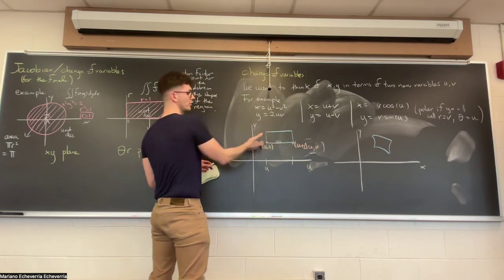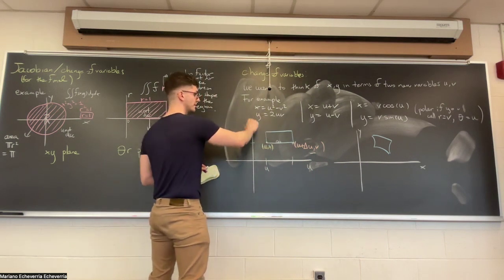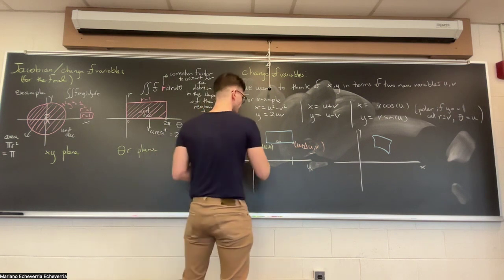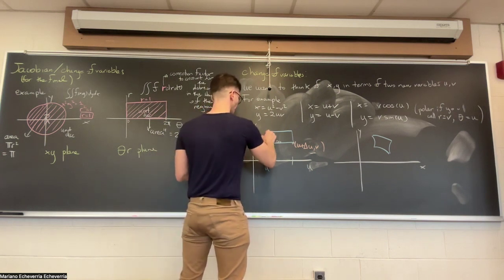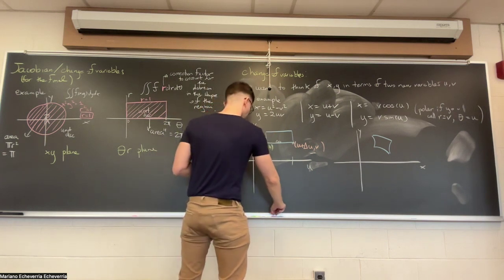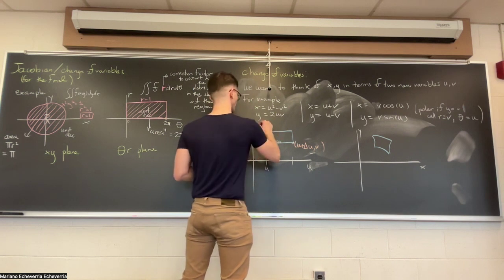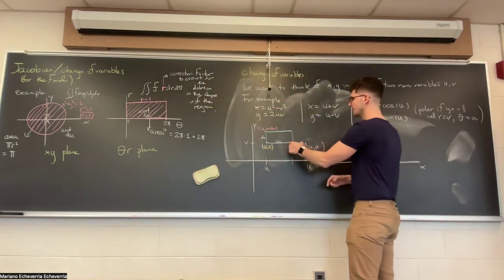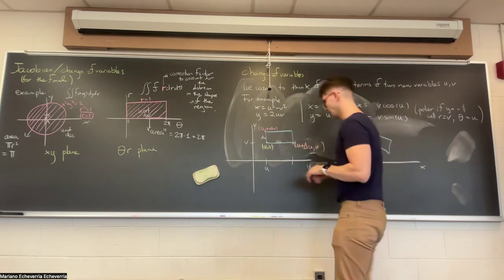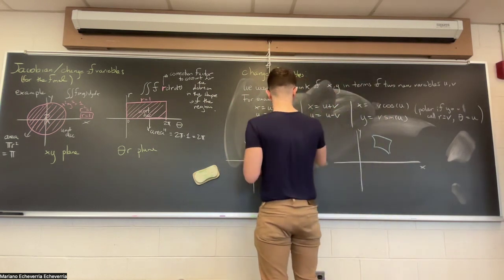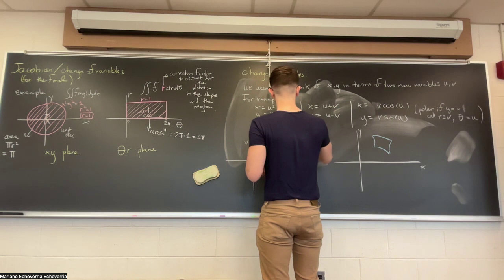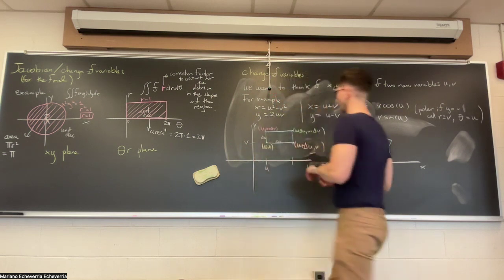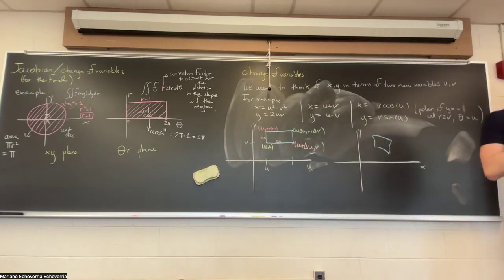From here to here you are increasing in height, which is the variable v, so the increase is delta v. Now this is the point u comma v plus delta v. And for the last point, you move delta u and then delta v, so this will be u plus delta u, v plus delta v.